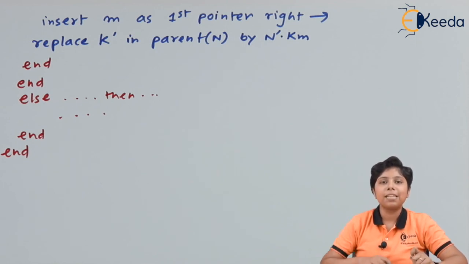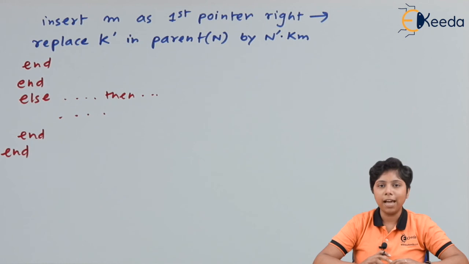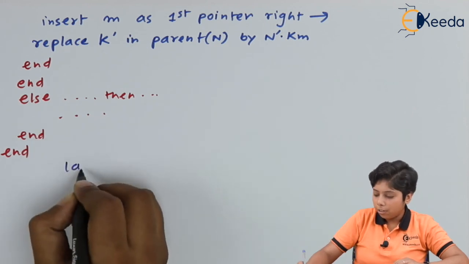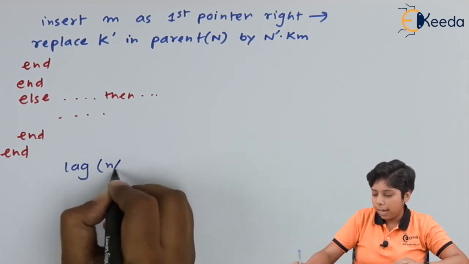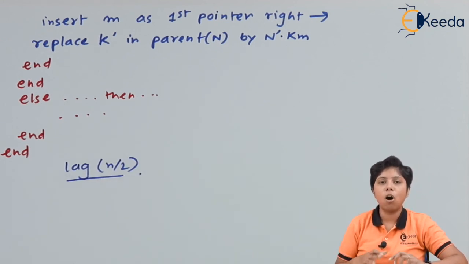Now if we compare the complexities of B plus tree updates, we have log n by 2 at most in the worst and best case scenario of updates in the B plus tree, both in insertion and in deletion.